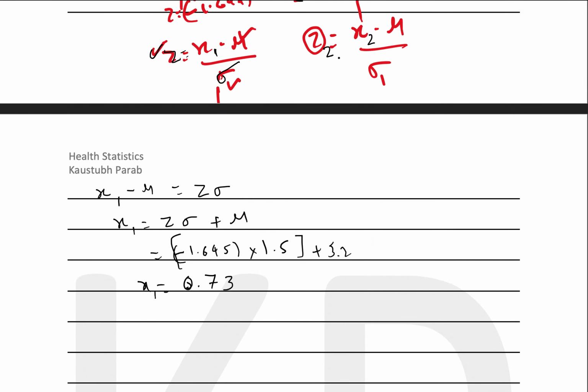So by this formula, x2 minus mu is going to be z2 times sigma. This will be z1.